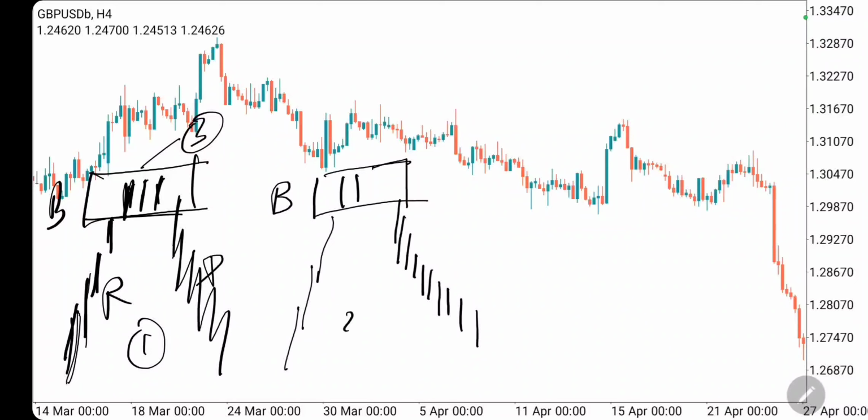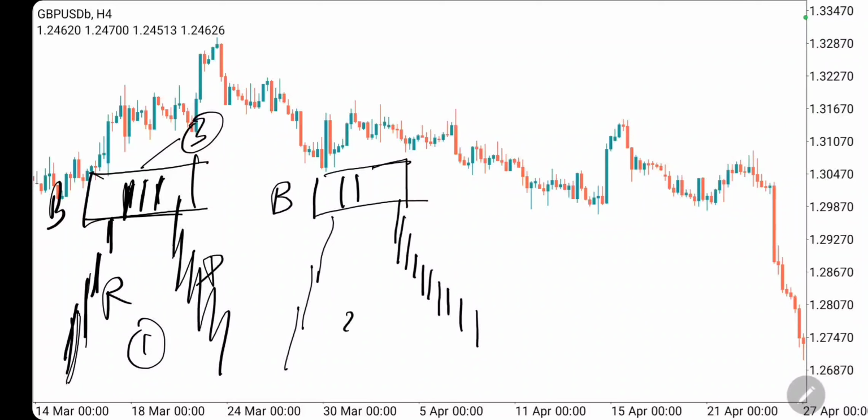The third thing is the strength. The criteria or property is the strength of the move away from the zone.